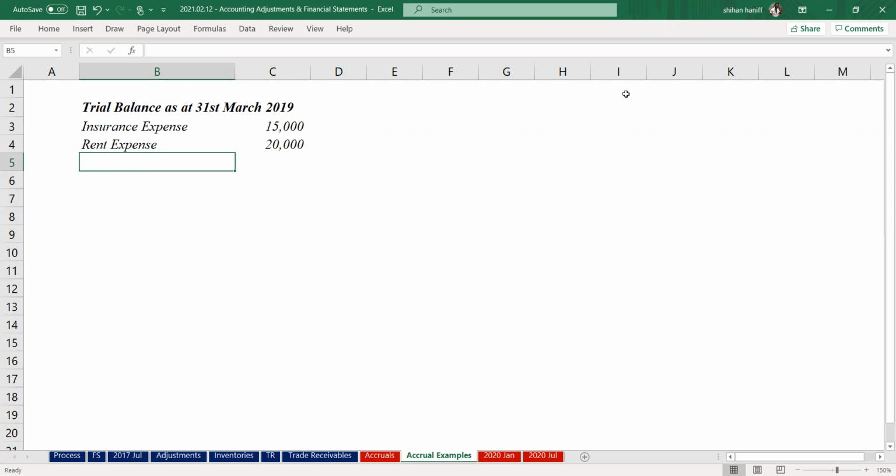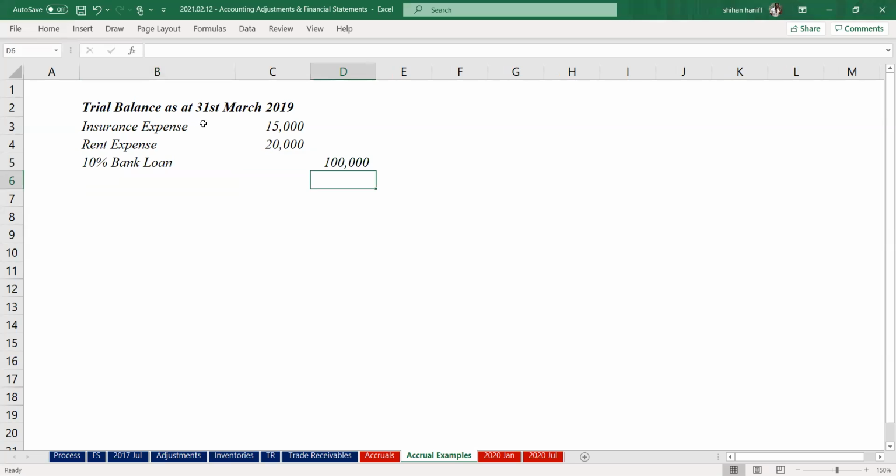Then we have bank loan, 10% bank loan, 100,000. 10% bank loan, 100,000.